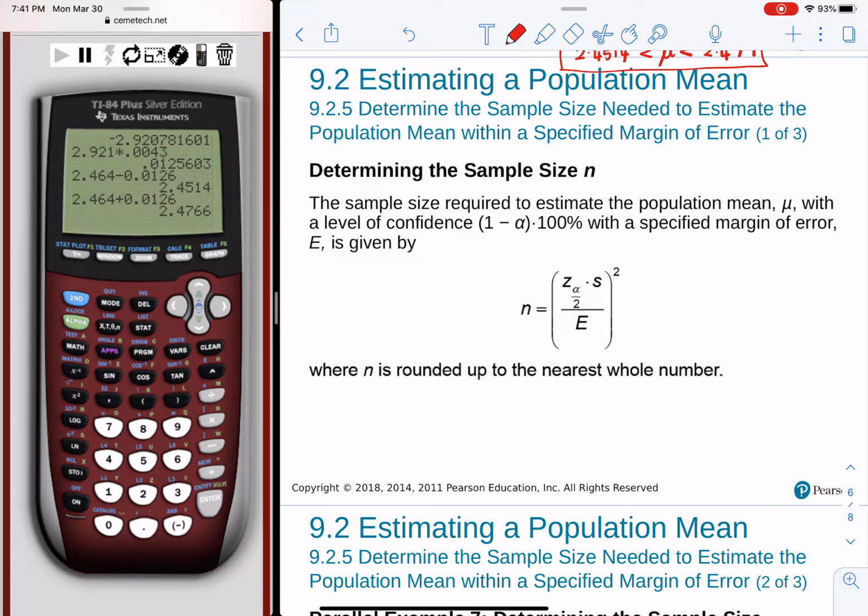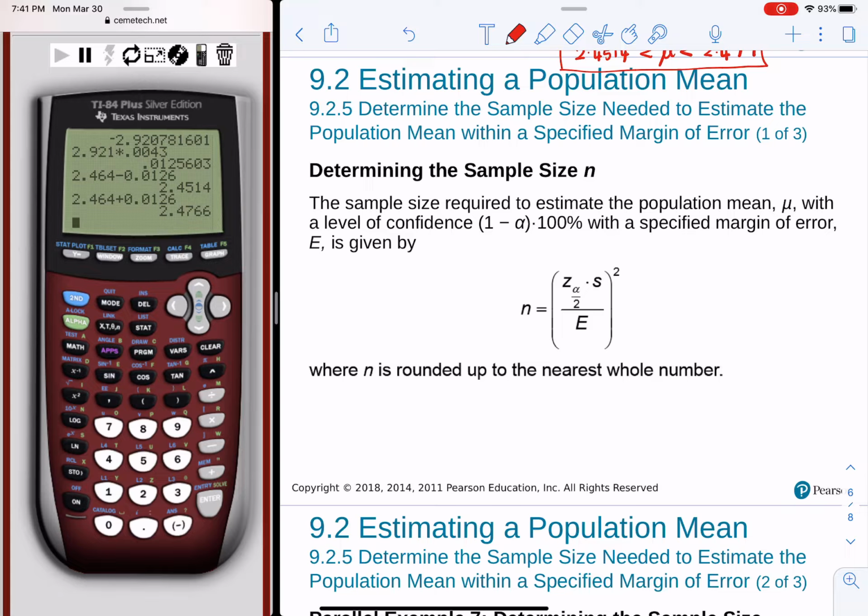So at times, prior to starting a new study, we want to use information from the previous study to estimate a sample size so that the new study can have a reasonable sample size.